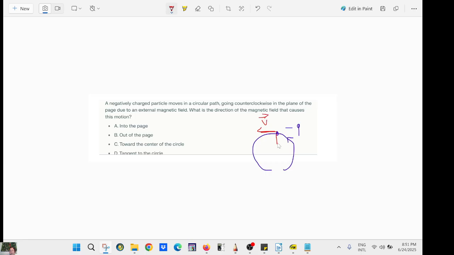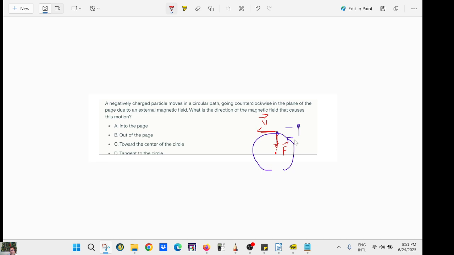And the force, if it's going into a circle, so that means there is a centripetal force. That force here, it's the magnetic force, is perpendicular to the velocity in toward the center of the circle. So it's a centripetal force.